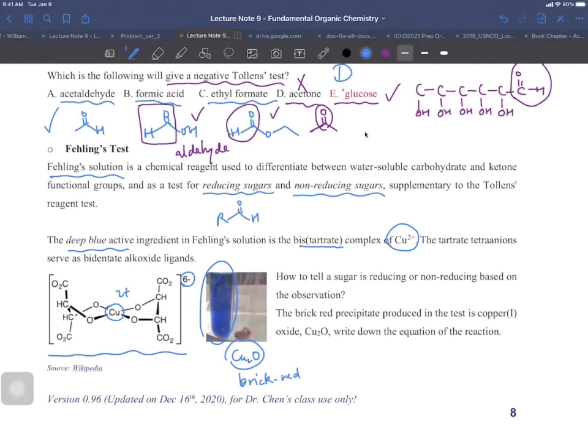So this is a supplement to the Tollens reagent test. I think you can try to take a few minutes to write down the equation of this reaction. And I suppose we can use RCHO to represent the aldehyde. So I will leave this as your homework.